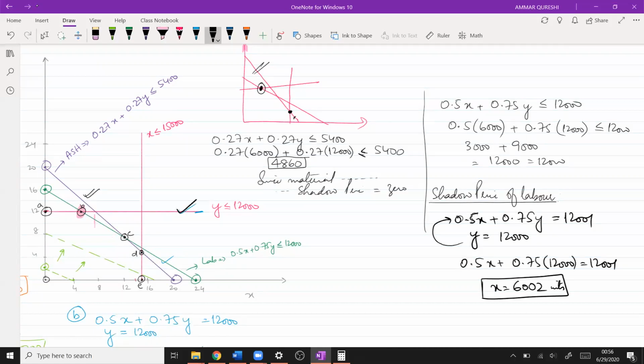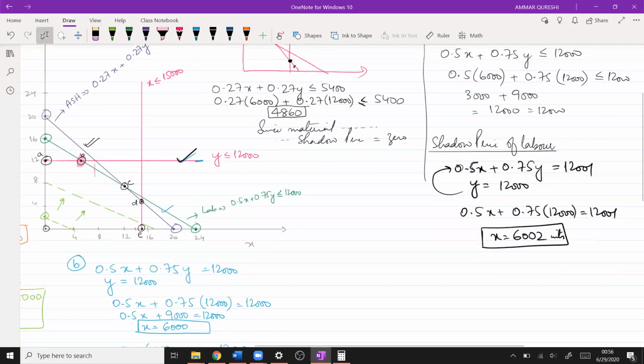Right? 6,002 units. So that means there is no change in y, there's just change in x. So what will be the shadow price in this case? There will be an increase of 2 units of x.